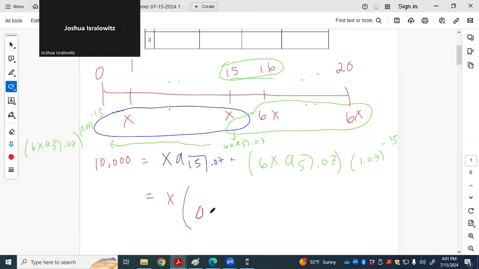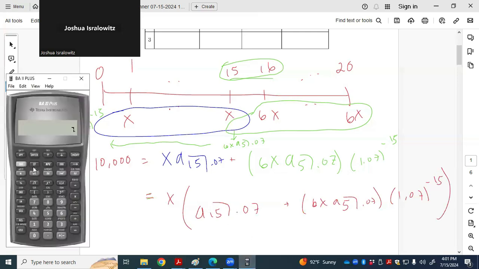So this is definitely the best way to do this on a calculator. Just add these two up using the storage keys. Easy peasy. And as always, I like to do 1 over, then times 10,000. All right, so clear TVM.